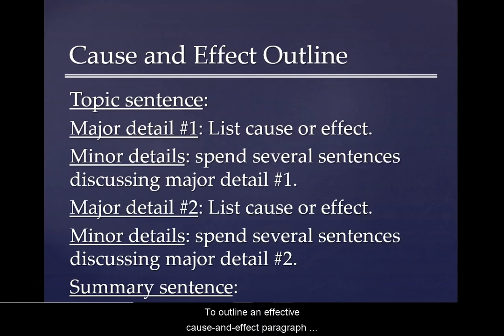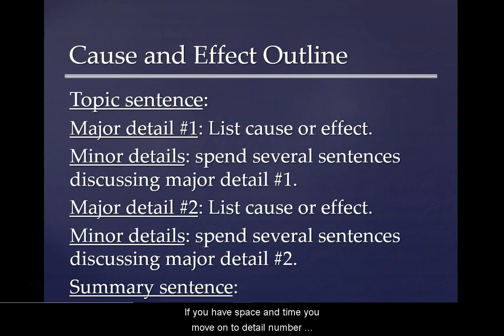To outline an effective cause and effect paragraph, you must start with a topic sentence. From that topic sentence, you move on to the major detail number 1, where you would list the first cause or effect of the topic. After you list the major detail number 1, you'll spend several sentences discussing major detail 1, offering vivid examples, illuminating the major detail number 1.